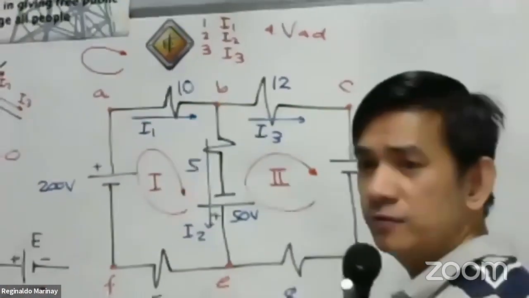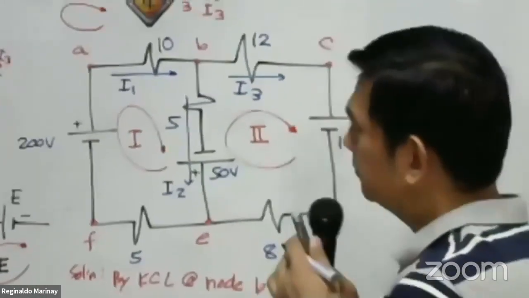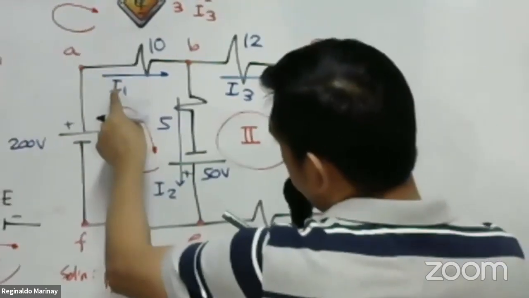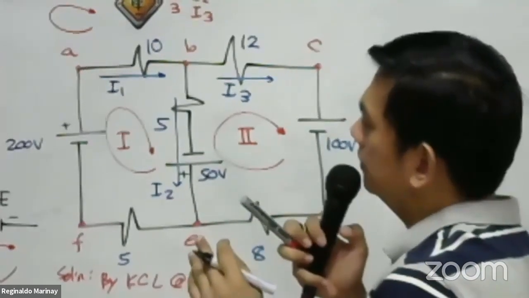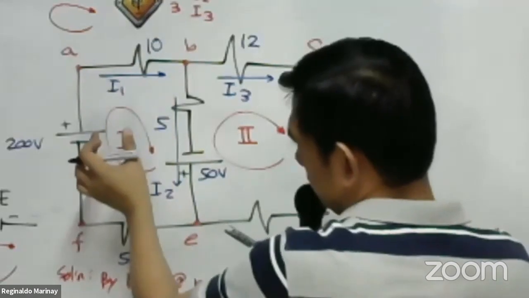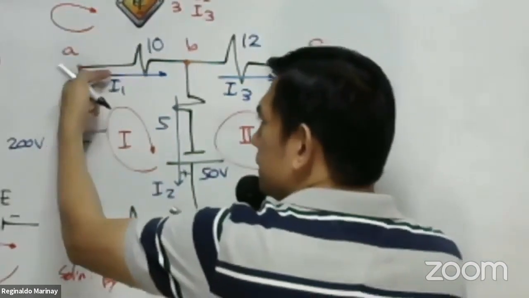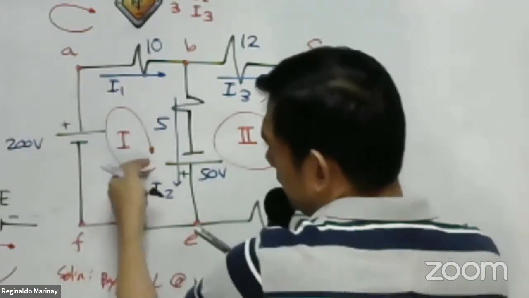Then let's have now the voltage drop. Take a look here, the voltage drop in the 10 ohm resistor. So if the current is going to the right, this is also going to the right.